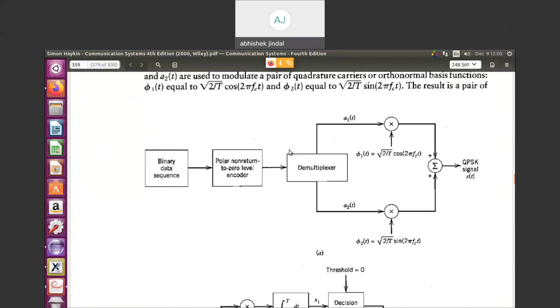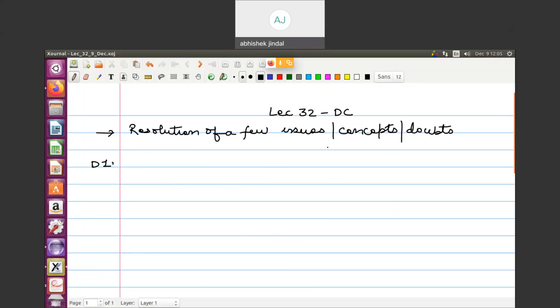Then you apply it to a demultiplexer. Now let us see what it will do. So you have this, let us say this is plus 1, then this is minus 1, then this is plus 1, then minus 1 for 2 instances, plus 1 for 2 instances. This is 1, minus 1, 1, minus 1, minus 1, 1, 1, minus 1, 1, 1.